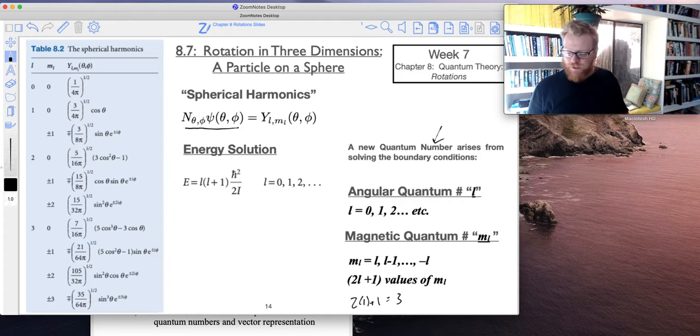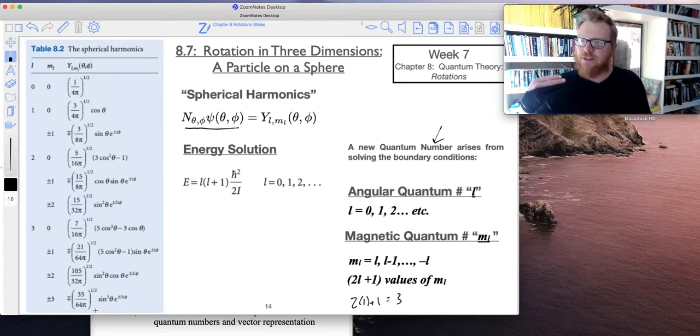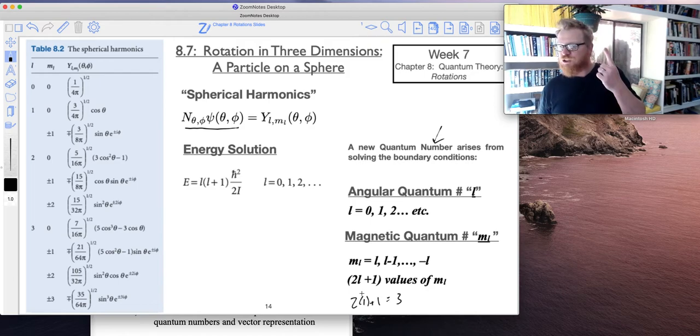Okay, a couple other things to point out before I wrap up this lecture. These spherical harmonics, much like the Hermite polynomials, really start to blow up when you add in their quantum number dependence. So for example, when you have L equal to 0, and then of course M_L, the only value you can take is 0 because 2 times 0 plus 1 is just 1.